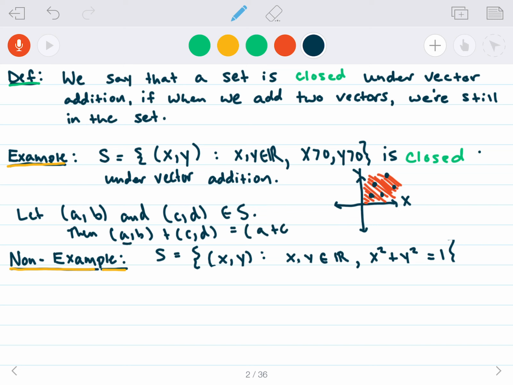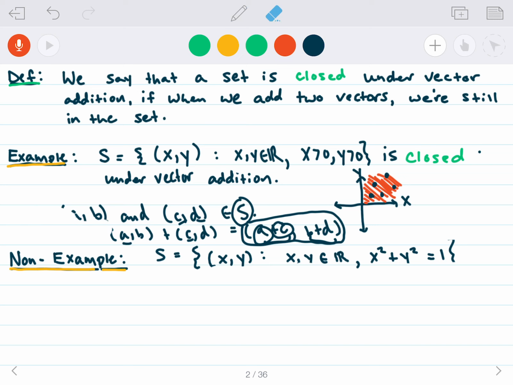We just add component-wise. Since a and b were in S, they are both positive, as are c and d. Since everything's positive, when we add two positive numbers, we're still going to get a positive number. So this first component is always going to be positive, and likewise the second component. We're adding two positive numbers, so it's always going to be positive.